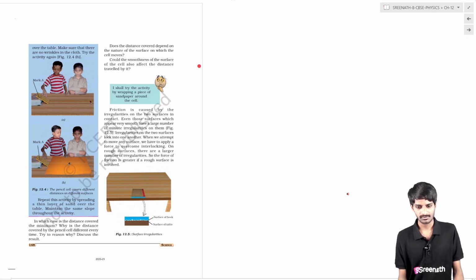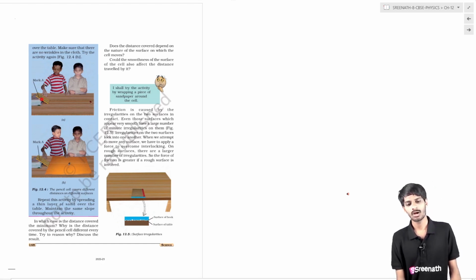Here is another activity you have to do. Make an inclined plane like this, and mark A here. Leave your pen, or pencil, or anything like that, and measure how much distance it goes.